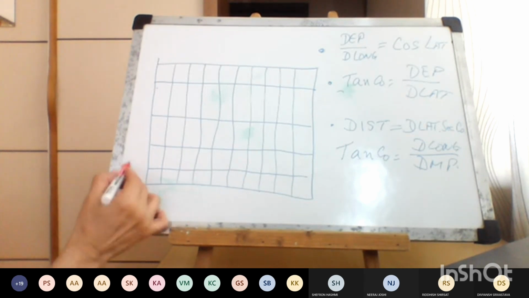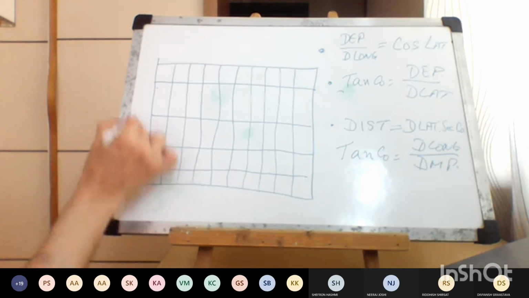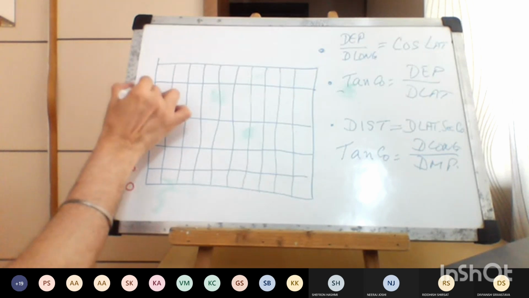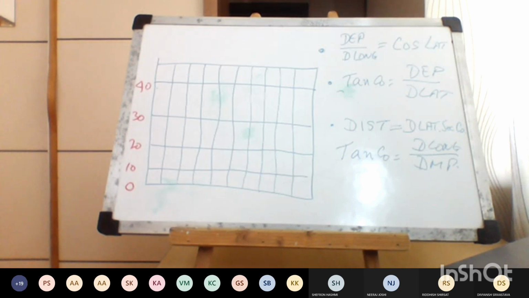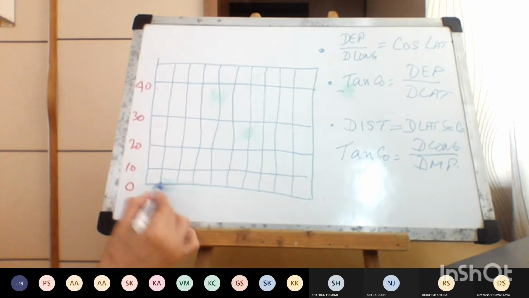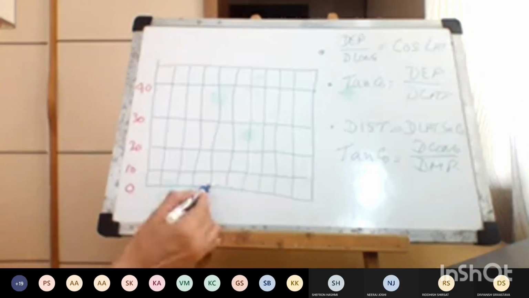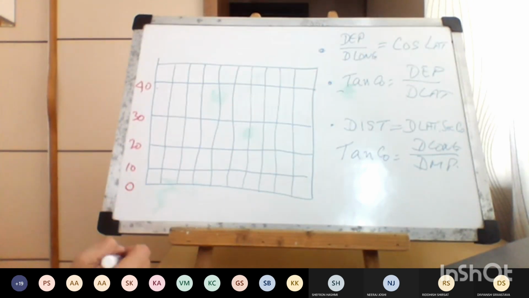If this is 0, this is 10, this is 20, this is 30, this is 40. You can see the gap goes on increasing because of distortion, and you must have learned all that in your Mercator projection. I will not go too deep into that one. But this distance remains the same. Each one is called the meridional part.